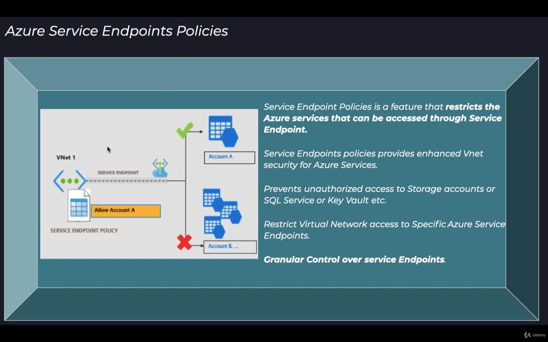Let's suppose in the diagram on the left we have this VNet. In this VNet you have one subnet, and within that you have one virtual machine on which you have installed some application.